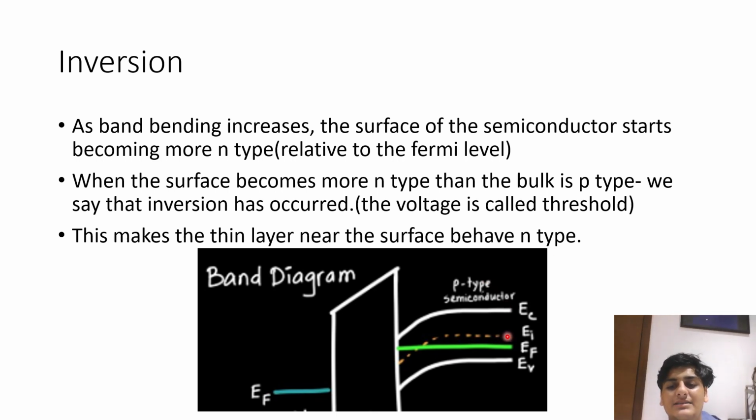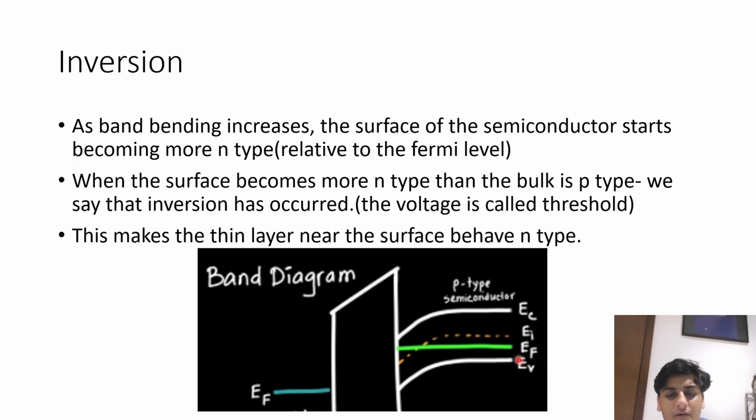If you look at this difference between, say, the intrinsic Fermi level and the Fermi level, that gives you a clue as to how p-type this material is, right? The further away EF is from EI, the more p-type the material is, because the closer EF is to EV.